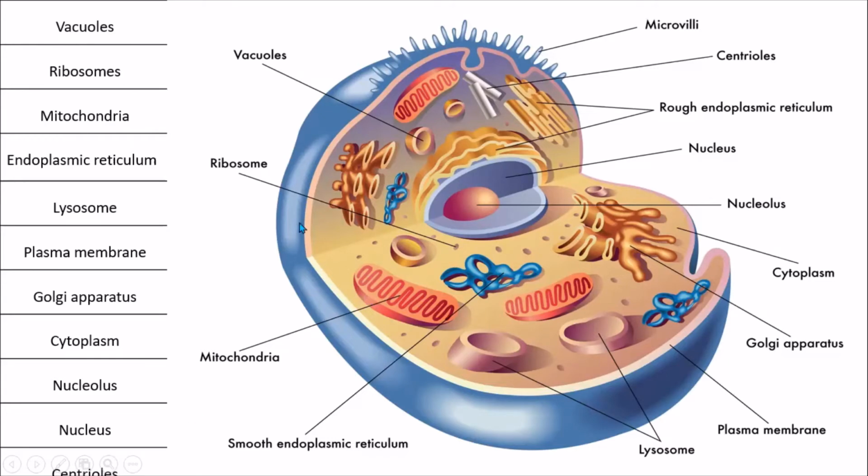So first come ribosomes, then mitochondria, then endoplasmic reticulum, lysosome, plasma membrane also known as cell membrane, Golgi apparatus or Golgi body, cytoplasm, nucleus, and centrioles.